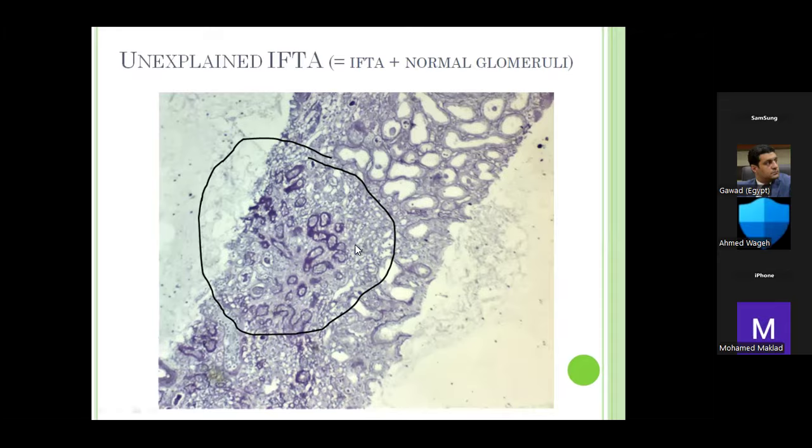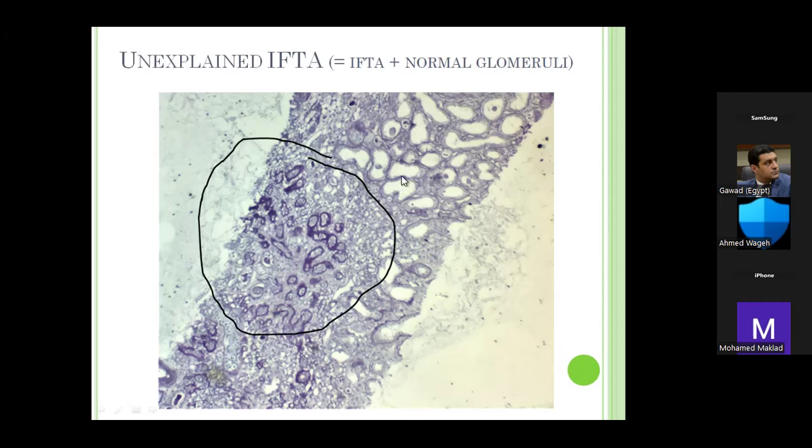And tubular atrophy. Okay. This is a low power magnification for a core biopsy. And no glomeruli appear in this picture, just tubules. And these are cortical tubules because they are back to back.